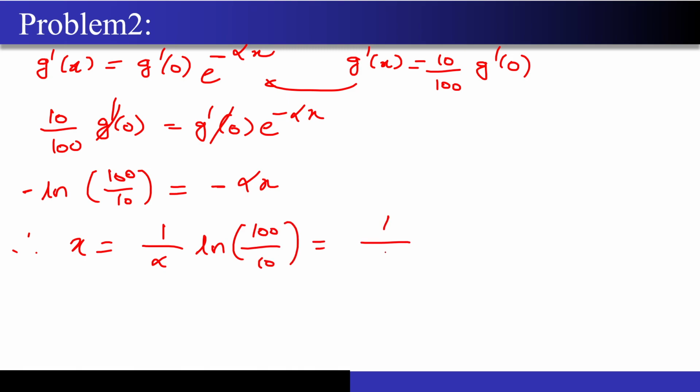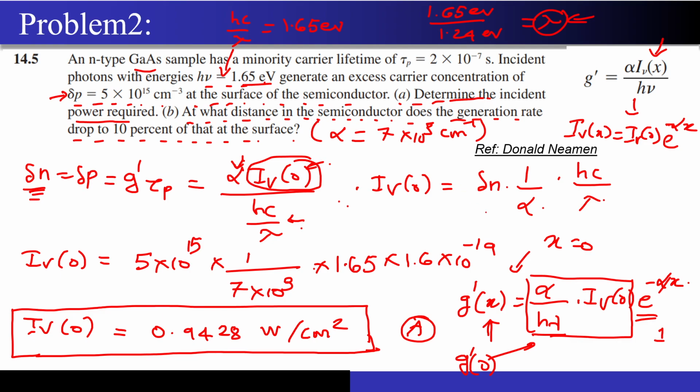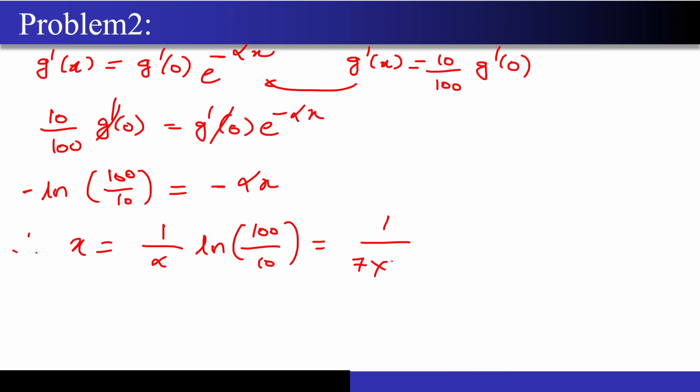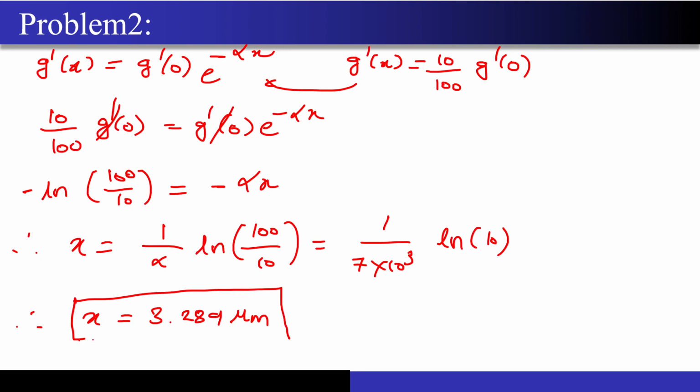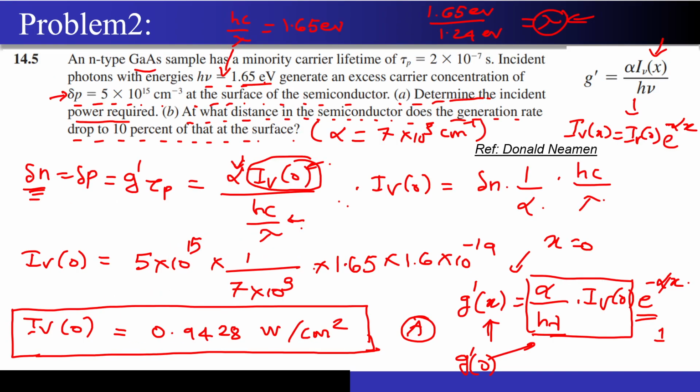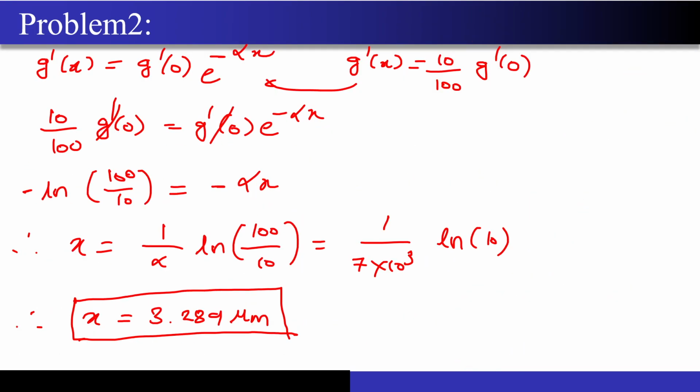Alpha we have already calculated, 7 into 10 to the power 3, so x is 1 upon 7 into 10 to the power 3 into ln of 10. If we calculate this distance, it is very easy: the answer will come out to be around 3.289 micrometer. This is the distance at which the generation rate will drop to 10% of its original value. I hope this question is also very much clear to you.